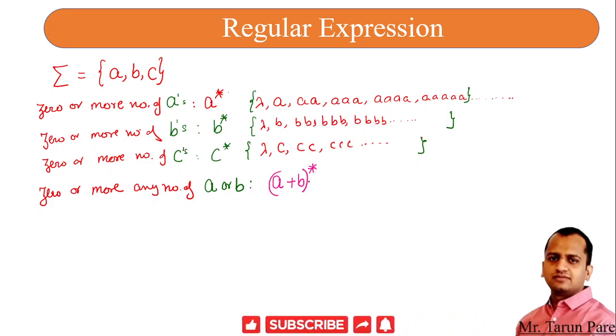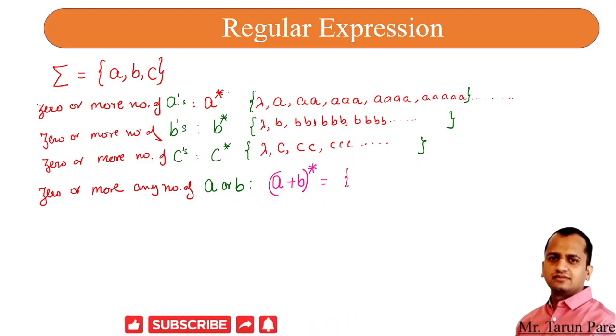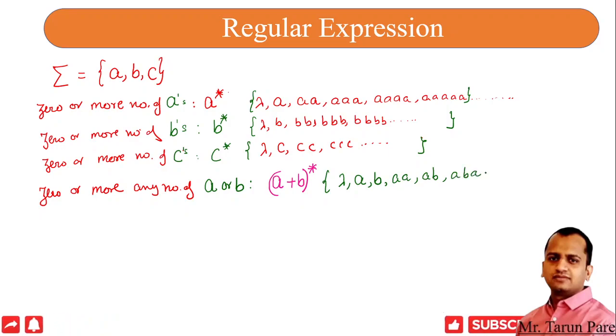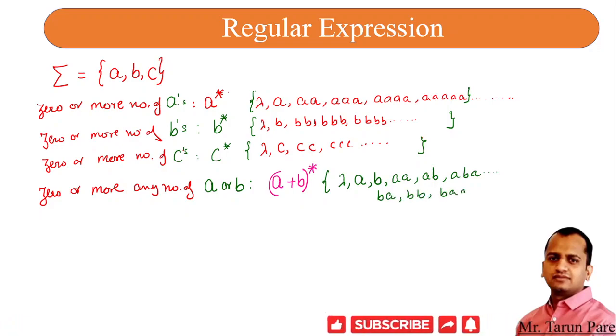What does it mean? It means you can print either lambda, or a, or b, or ab, aba, ba, bb, baa, bab, any combination with any number.